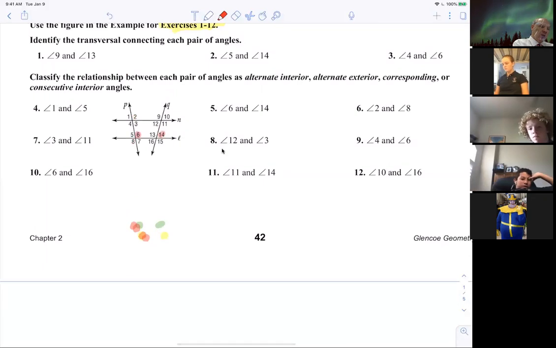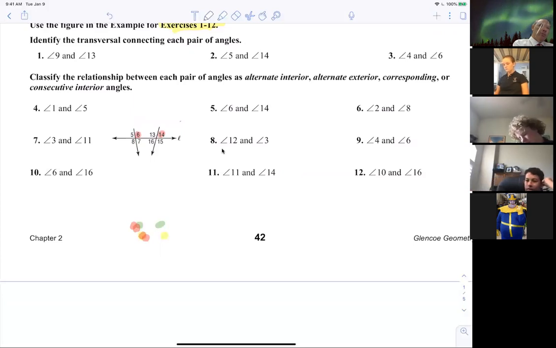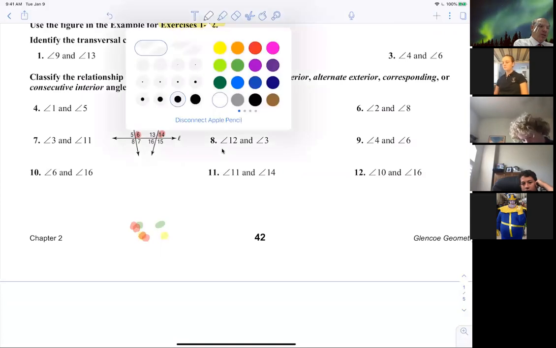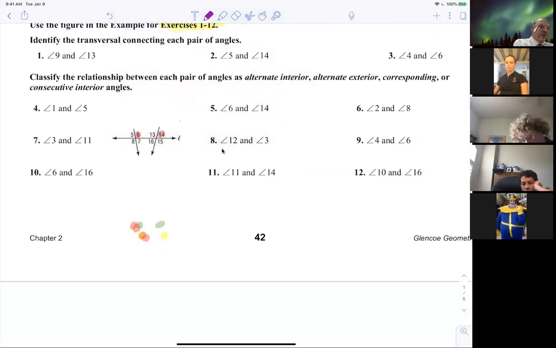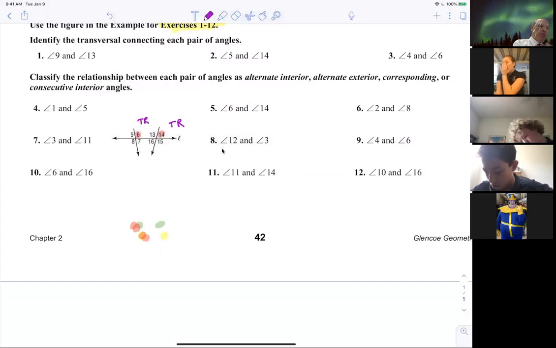Now, once again, this is in the way, right? So 14, I want to write this. 14 is the top right. You hear that? And 6 is also the top right. So those are corresponding. Make sense, right?